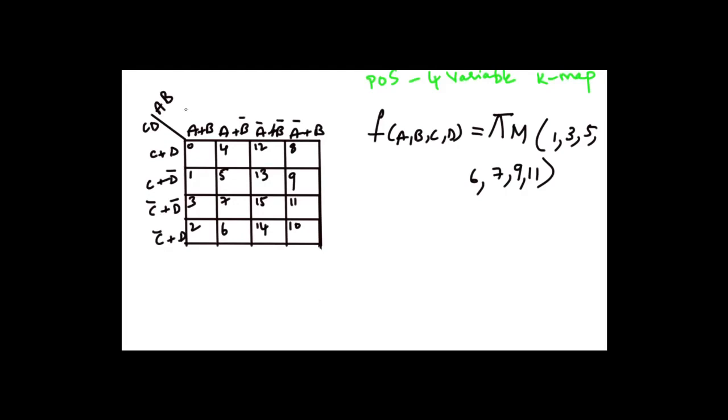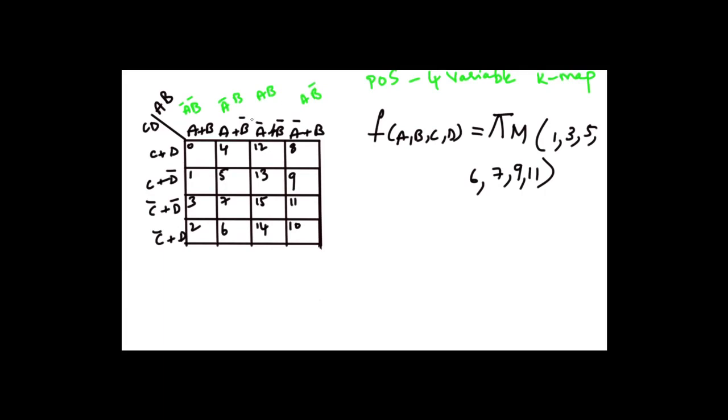So for easy understanding, I'll just write it here: A B, A bar B bar, A bar B, next A B, A B bar.